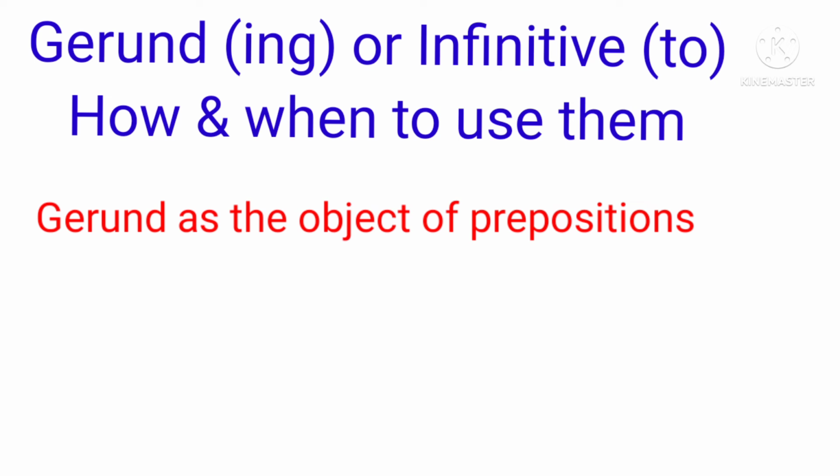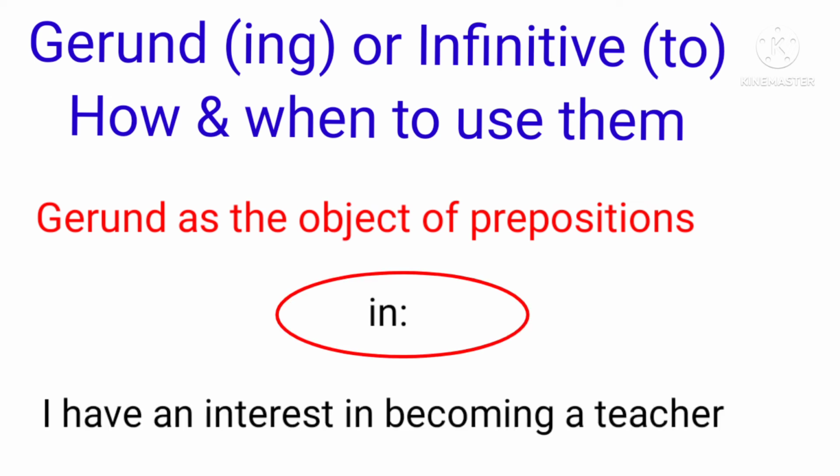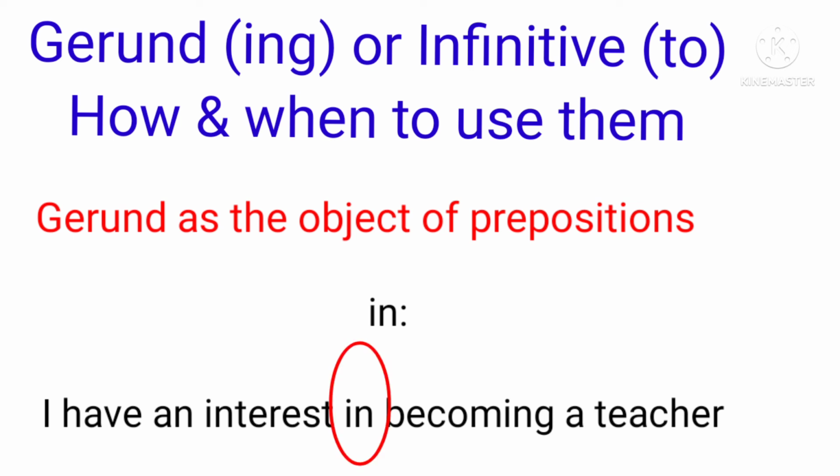For example, in is a preposition. After in, the word becoming is a gerund. For example, I have interest in becoming a teacher. If I say "I have interest to become a teacher," no.